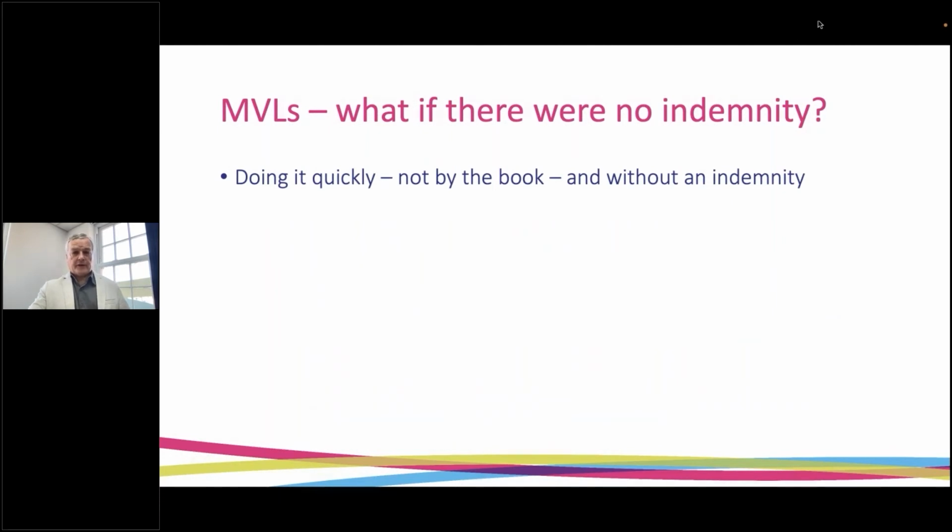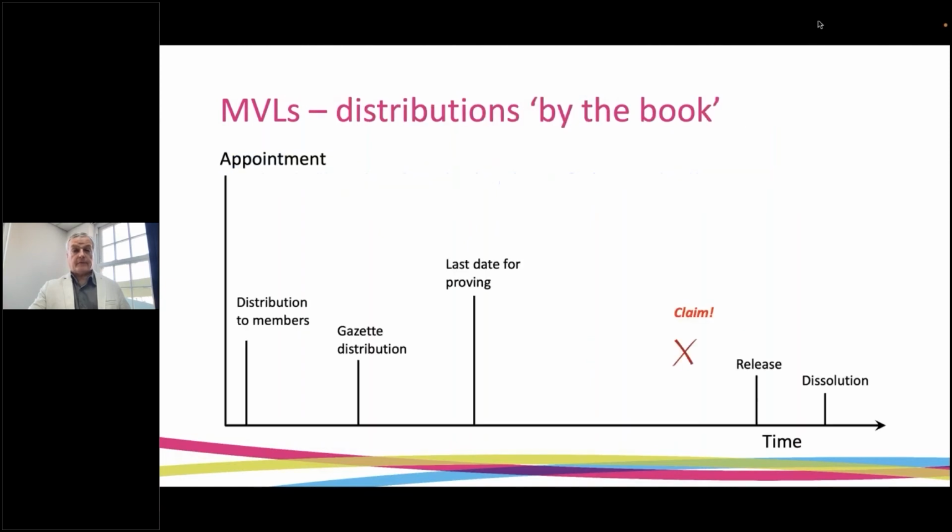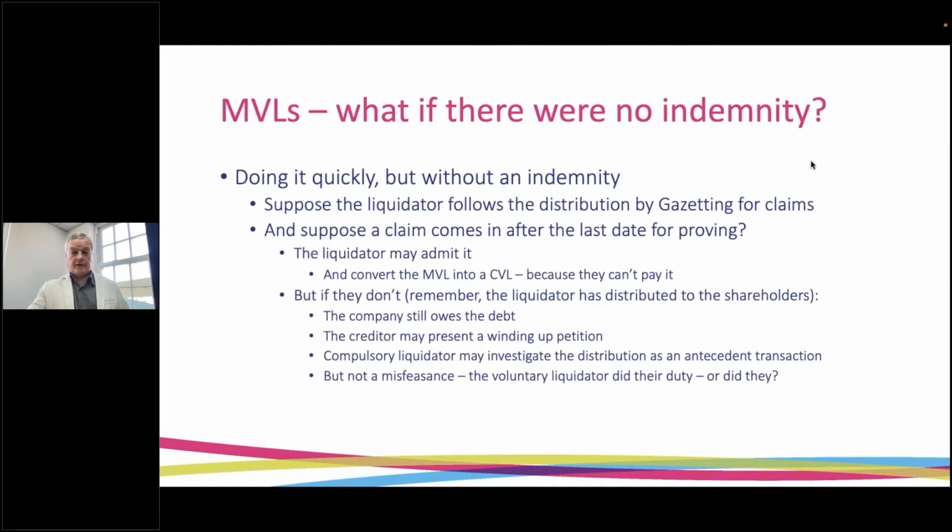Now, in cases where it's being done quickly, not necessarily by the book, and without an indemnity, I'm imagining that the liquidator has been prudent, and although they've made an early distribution to members soon after their appointment, they have also gazetted that distribution. They've not followed the timetable, but they've set a last date for proving, and here the claim has come in after that last date for proving.